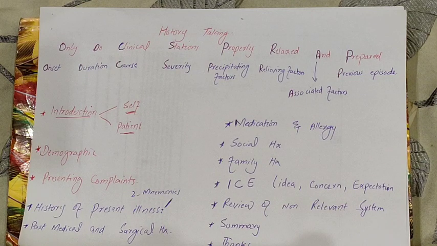You already asked about the age, so you can ask about the occupation, what you are doing for your life. After that, you will go towards the presenting complaints, and everybody knows that the presenting complaint is the complaint which compels the patient to come to a hospital and see the doctors.